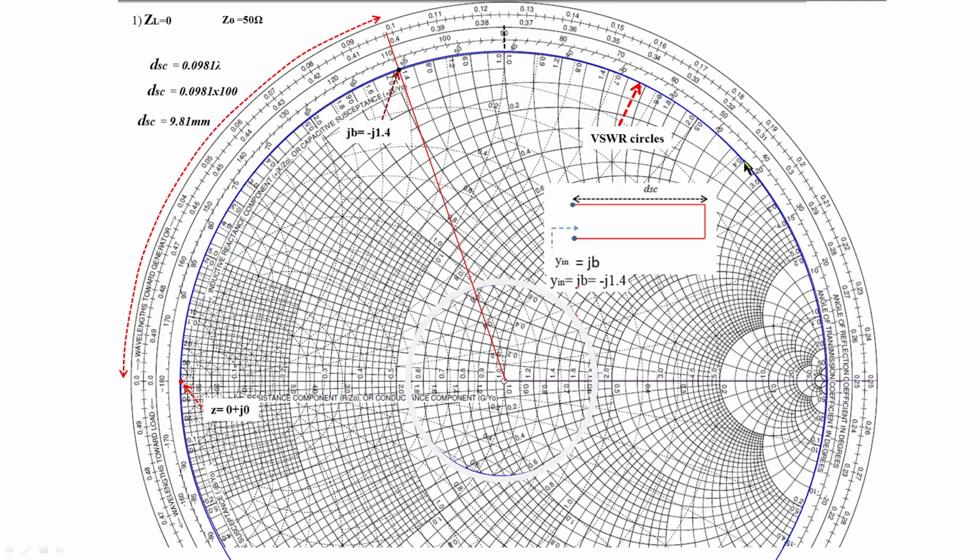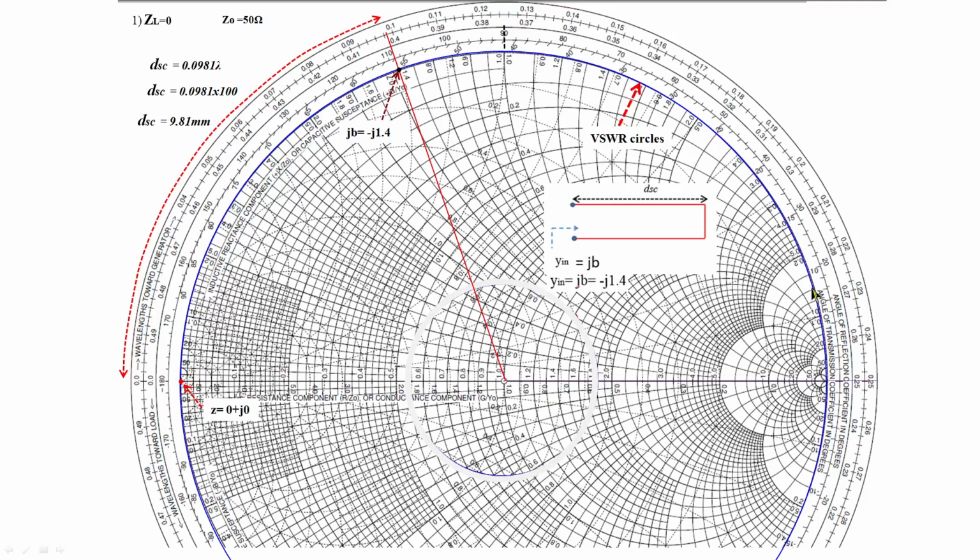Similarly, if you want positive values, for example, instead of minus 1.4, if I want plus 1.4, what do I have to do? You should not stop here, because this is minus 1.4. Instead of stopping here, I should go on moving.